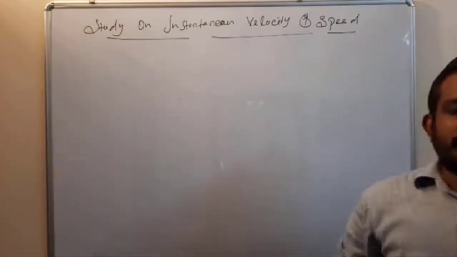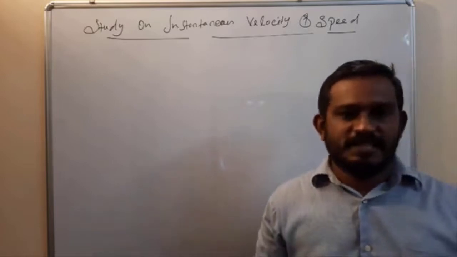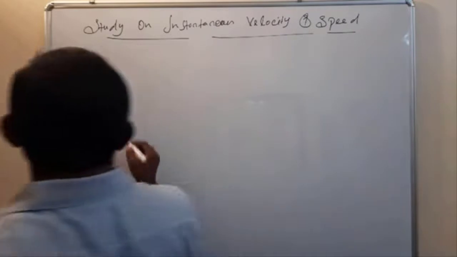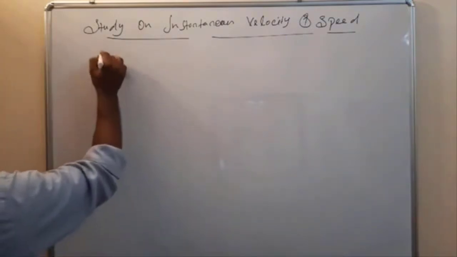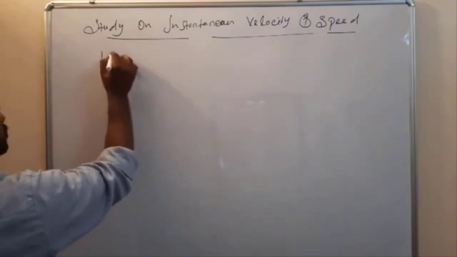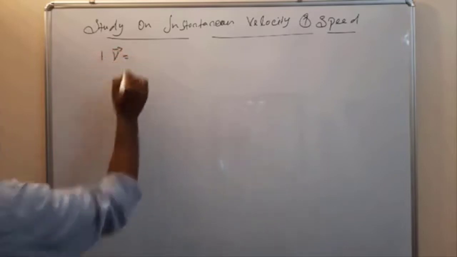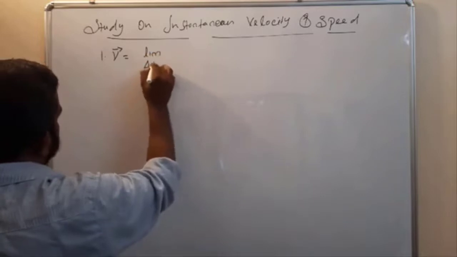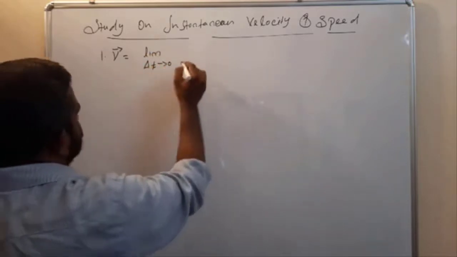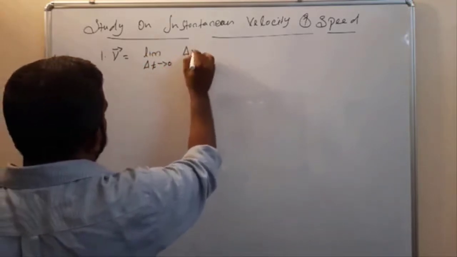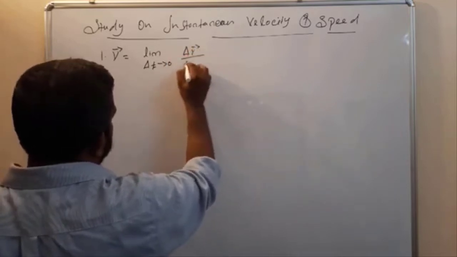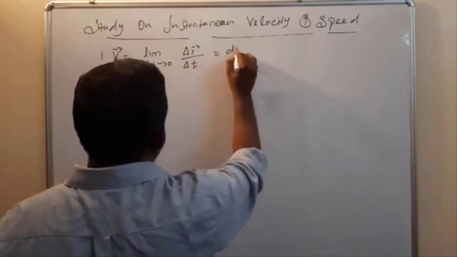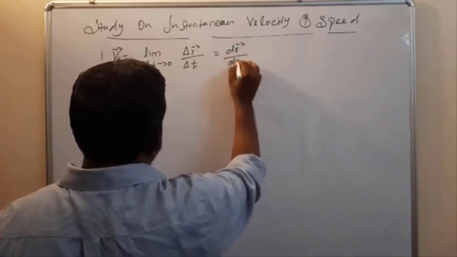First point: instantaneous velocity, V vector, is equal to the limit as delta T tends to 0 of delta r vector by delta t, which is equal to dr vector by dt.